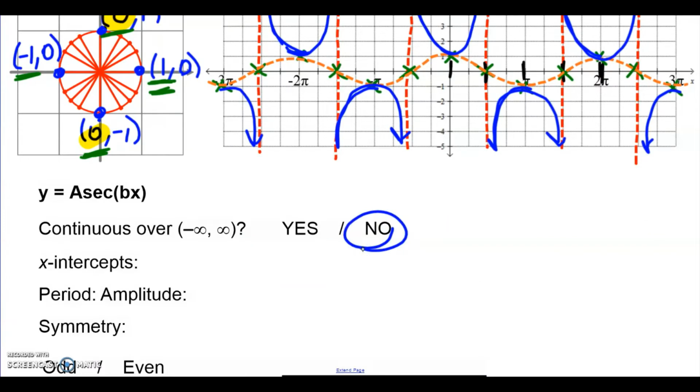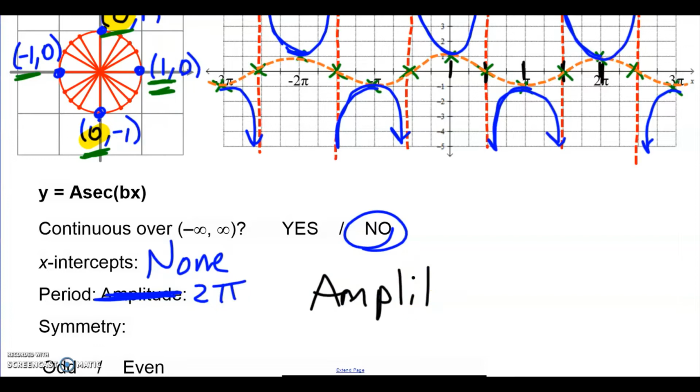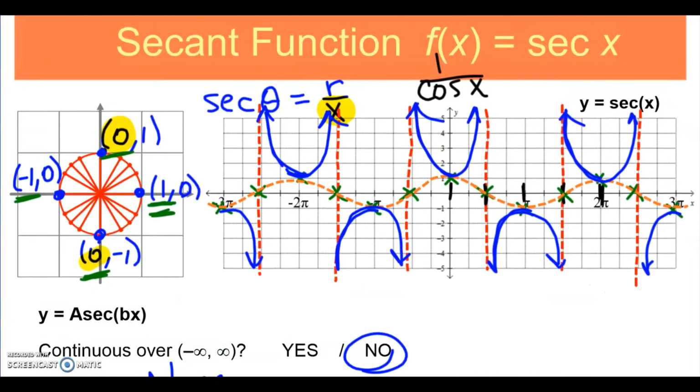Continuous, no, because there's asymptotes. X-intercepts, none. Period is 2 pi. Amplitude, none. Symmetry, this one is symmetric with respect to the y-axis. Remember how we told that, okay?